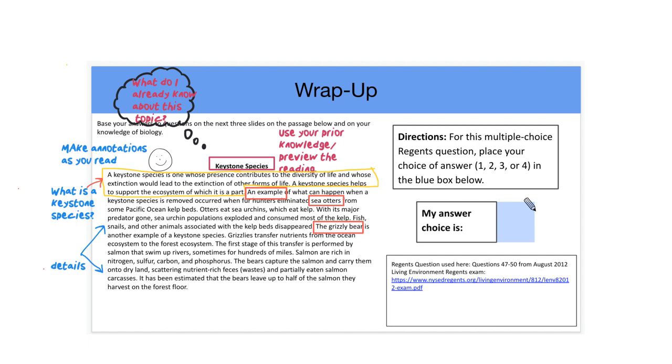But before I go to the questions, I would like to use this other strategy, which is called making predictions, and which refers to just that. What do you think the questions are going to be about? Well, since we have read about keystone species and some examples, I'm predicting these questions are going to have to do with either the grizzly bears or the otters, or maybe they're going to ask me what happens when a keystone species is removed from the environment.